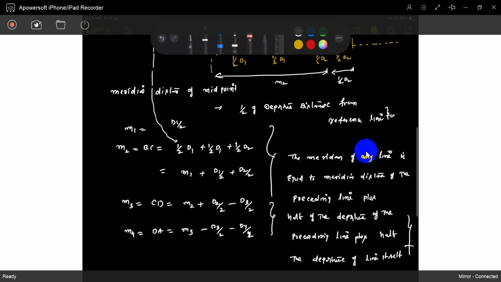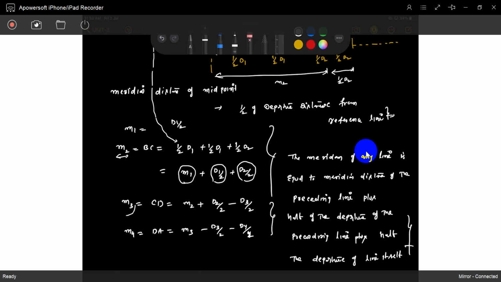What is M2? The meridian distance of M2 is the meridian distance of the previous line, half of the departure of the previous line, half of the departure of the line itself. Understood?